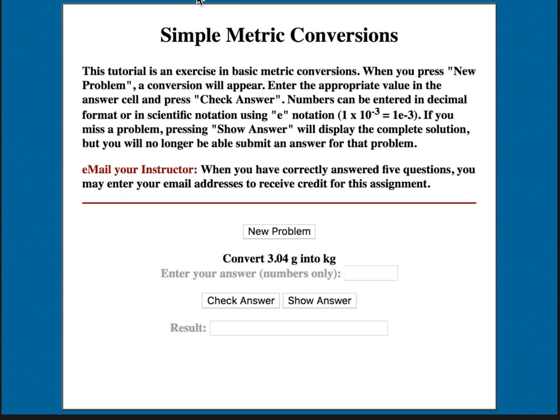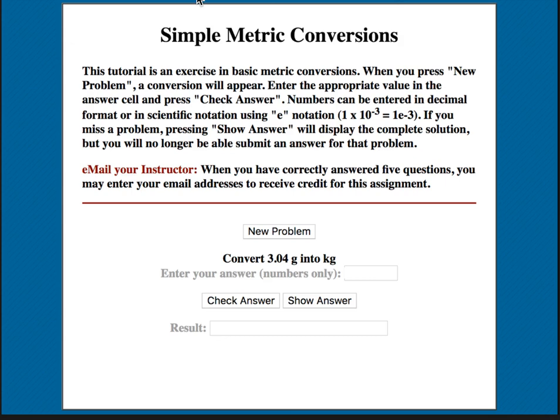Okay, a sample problem. Here we have 3.04 grams, and we want this in kilograms. Now, as you look at this, it should jump out at you that this is our given, 3.04 grams.